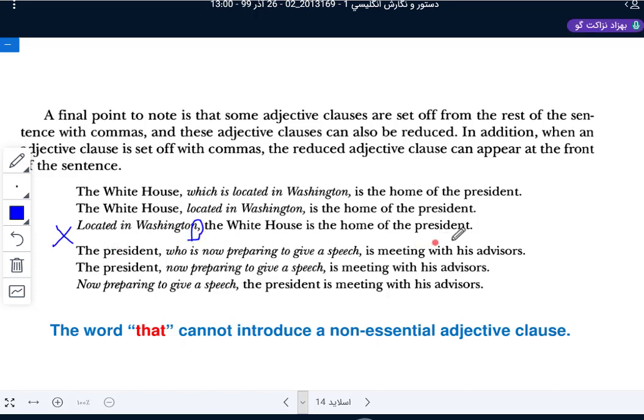The same is true when the adjectival clause ends the sentence.